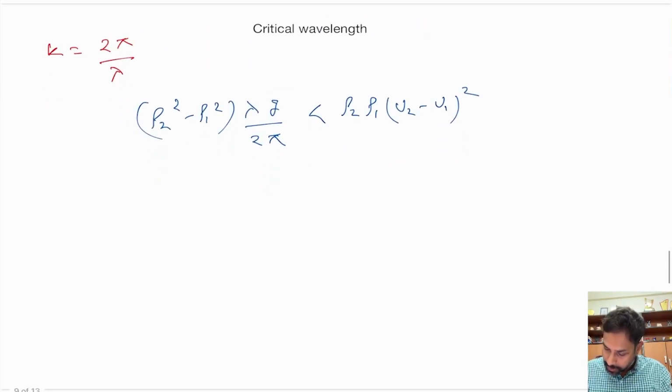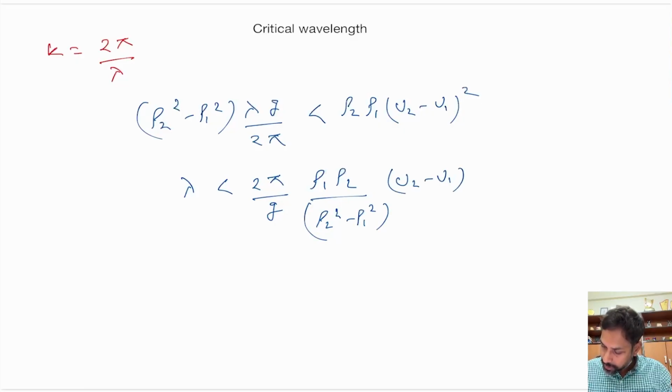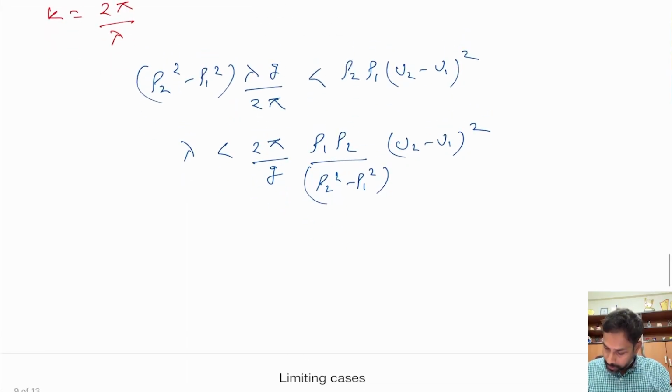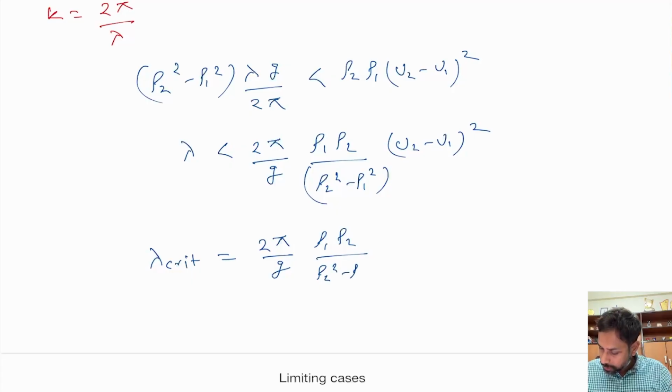That means lambda should be smaller than 2 pi over G times rho 1 rho 2 over rho 2 square minus rho 1 square times u2 minus u1 square. Here we can define lambda critical as 2 pi over G rho 1 rho 2 over rho 2 square minus rho 1 square u2 minus u1 square.